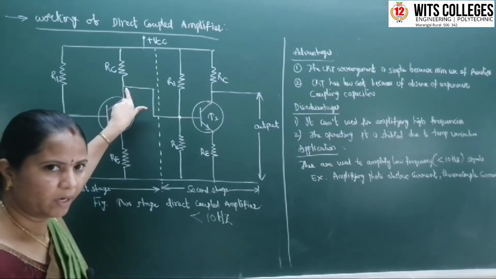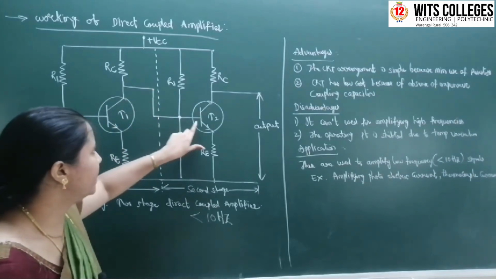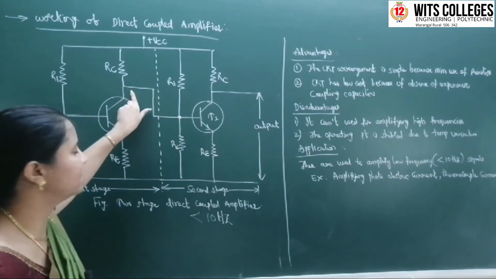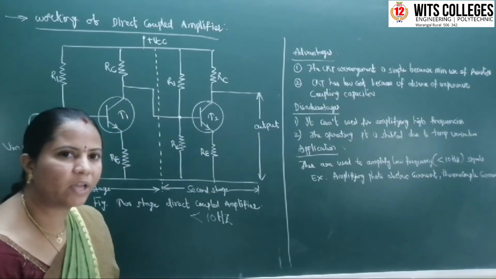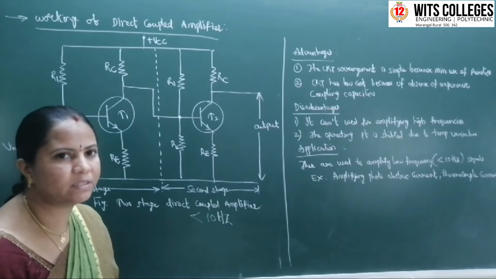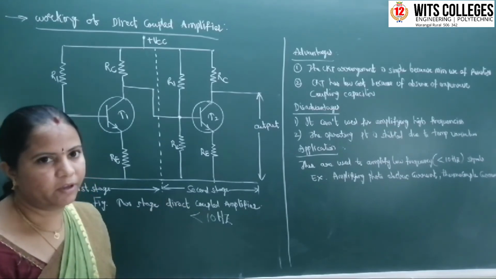At the collector terminal, we connect directly to the base of the next transistor. The collector of the first transistor is directly coupled to the base of the second transistor, without any coupling devices, without any capacitors and transformers. That's why we named it a direct coupled amplifier.